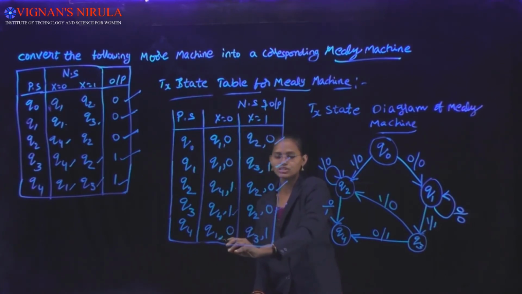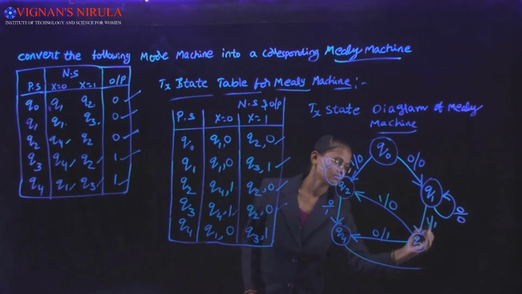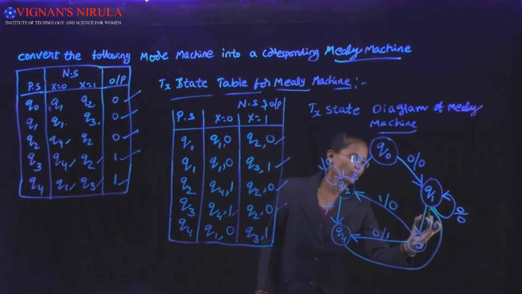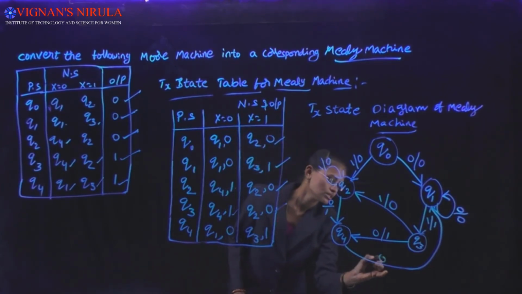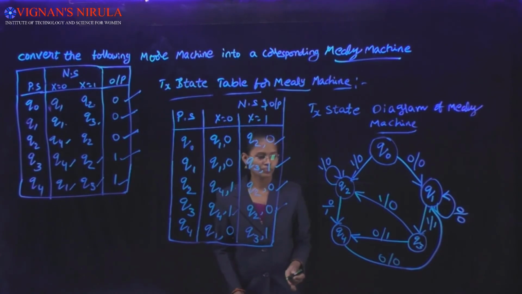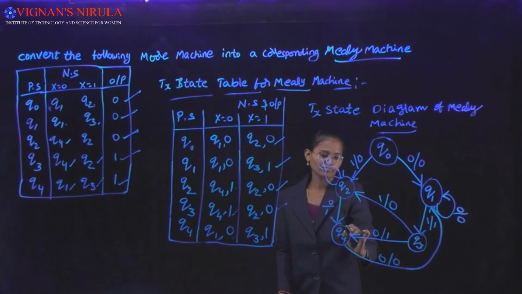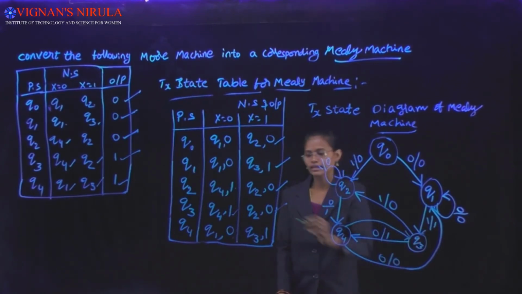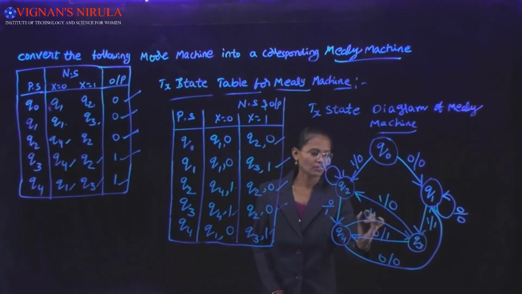The next state produced is Q1. Here the input is 0 and output is also 0. So that is 0 by 0. And next, if x equal to 1, the next state produced is Q3. Here the input is 1 and output is also 1. So that is 1 by 1.